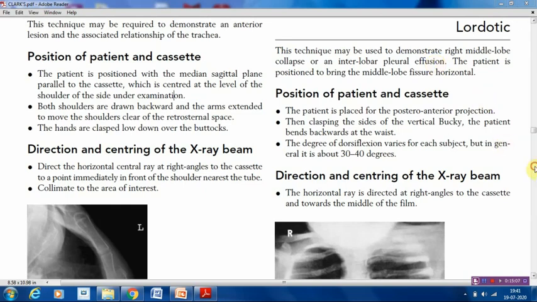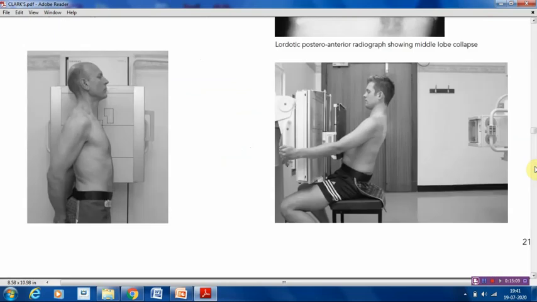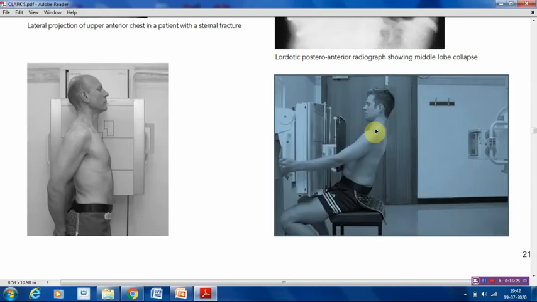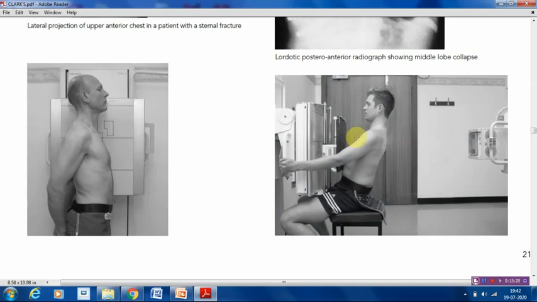You can see here the patient positioning. It's similar to the positioning of the chest X-ray PA view. Here a 150 centimeter distance will be kept.